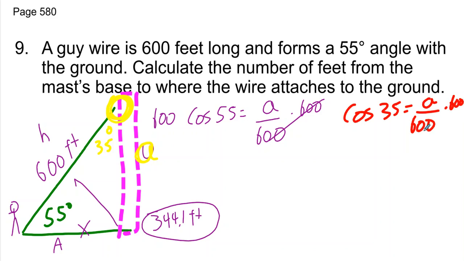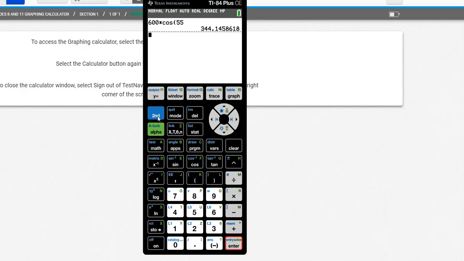Once again, multiply by 600. So in my calculator it goes 600 cosine of 35. 600 times the cosine of 35, and I get 490.5 feet.